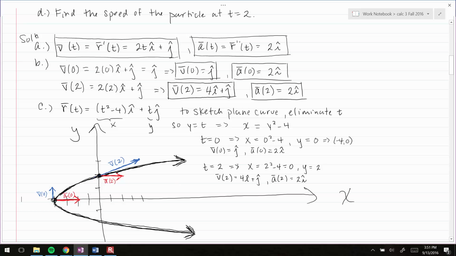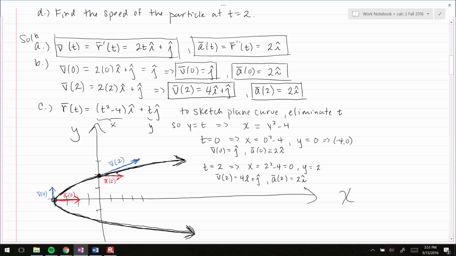We're tasked with also sketching the vectors representing the velocity at t equals 0 and the acceleration at t equals 0. And so I just wrote these again down here, and then going ahead and doing that, we just draw our vectors from the point at which we're interested in.